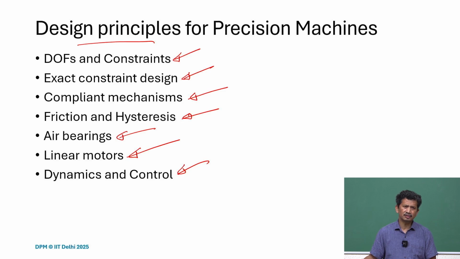So we tried to give an idea of how a precision machine looks like, what the concepts are, and what the basic principles are to design these kinds of machines. I tried to show some examples and give you an idea of how to design.